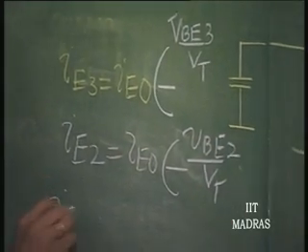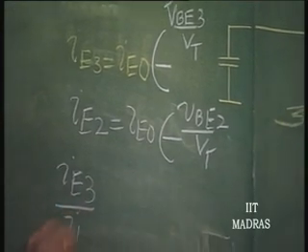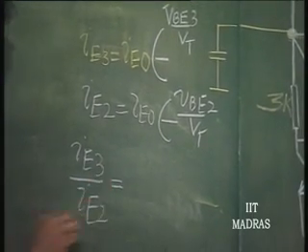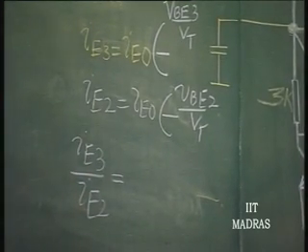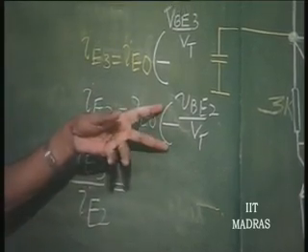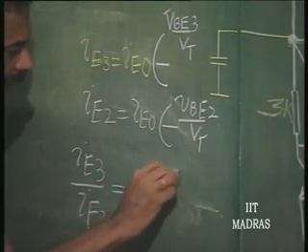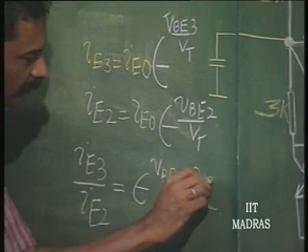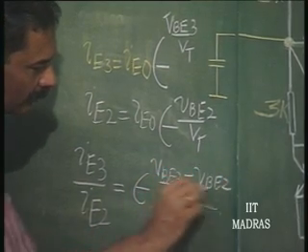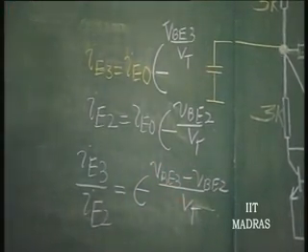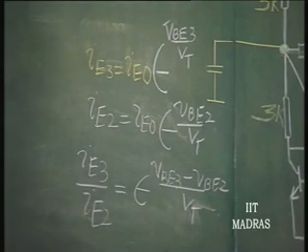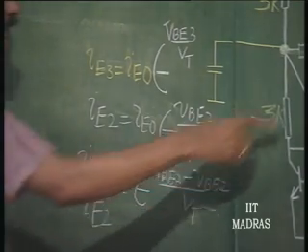So, IE3 by IE2, the ratio of the two currents, is governed by exponent VBE3 minus VBE2 by VT. Now, what is VBE3 minus VBE2?